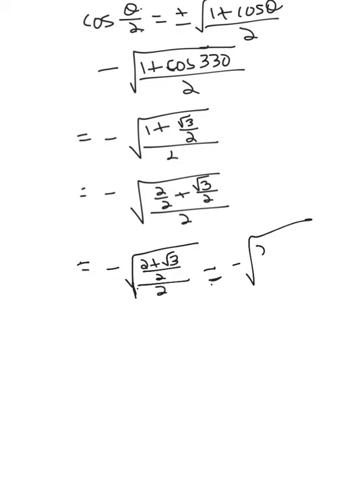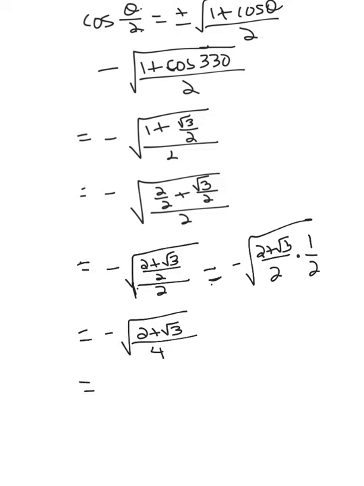So it will be 2 plus the square root of 3 over 2 times the reciprocal of 2, which is 1/2. So we now have negative square root of 2 plus the square root of 3 over 4.